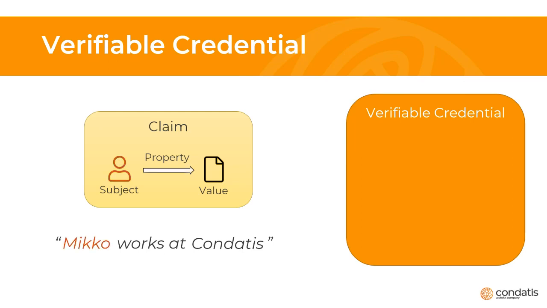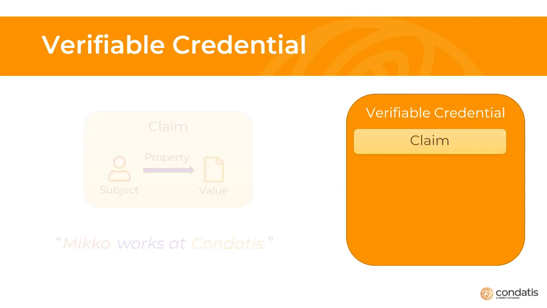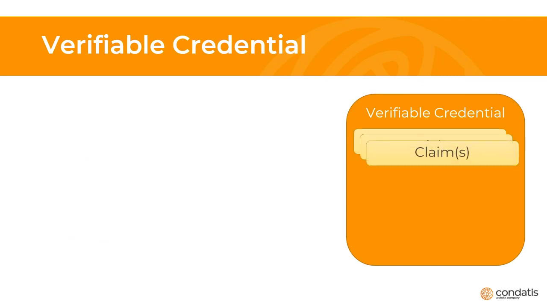Works at is the name of the property, and the value is Condatis. So that's fairly straightforward. We can express any number of these kind of claims about the subject and put them into a verifiable credential. The claims in the credential can also be about multiple different subjects if needed.